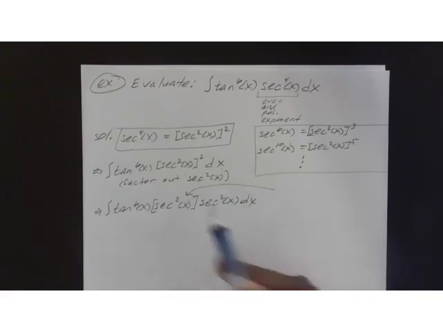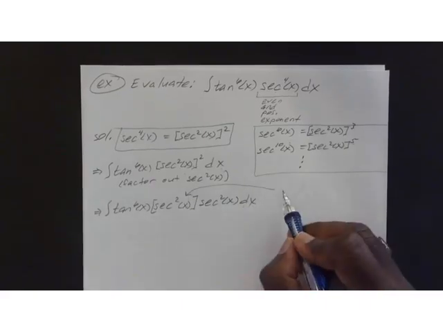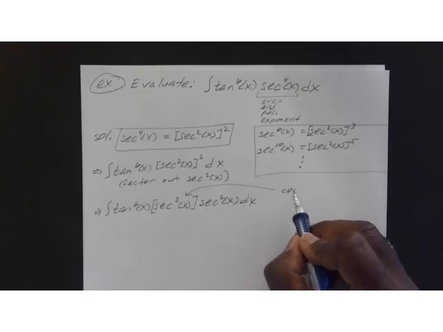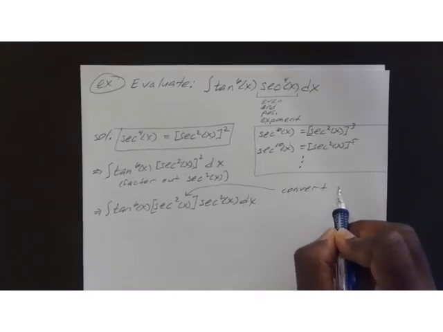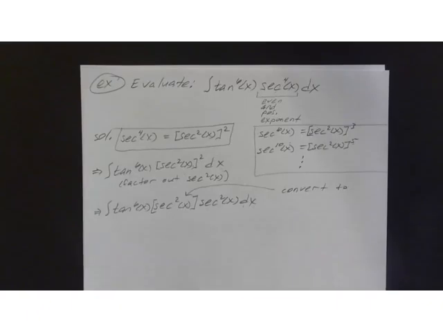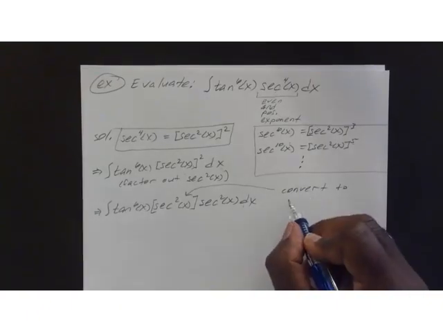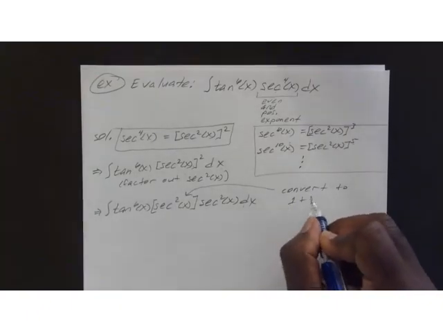And the one that was in the bracket, remember, you're going to convert it to tangent squared plus 1, or 1 plus tangent squared, doesn't matter.